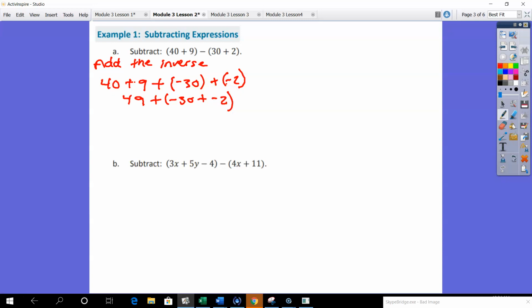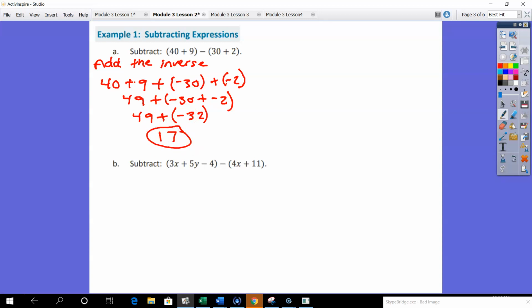Then I'm going to do the 30 and the negative 2 together, which gives me plus a negative 32. And 49 plus a negative 32 equals 17.